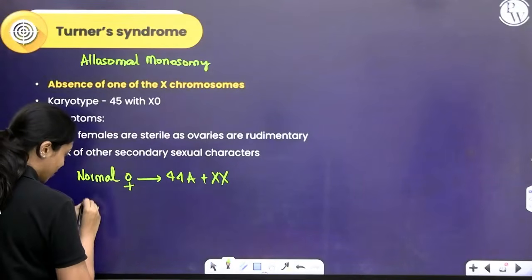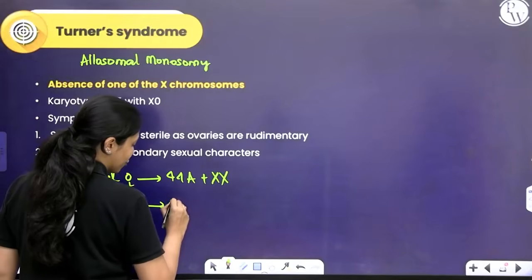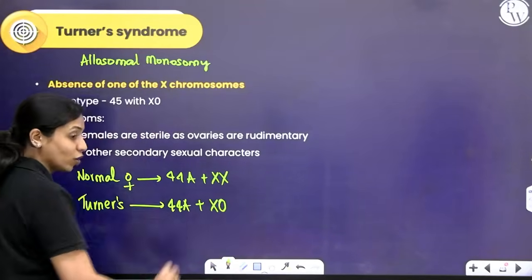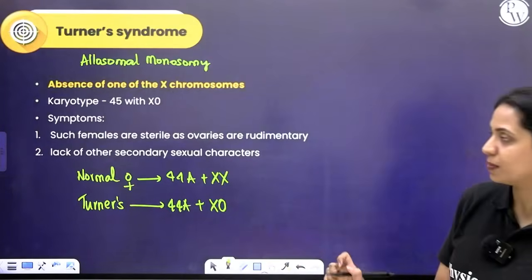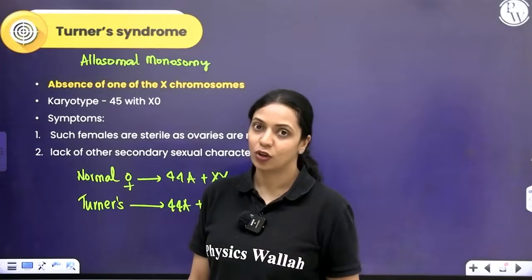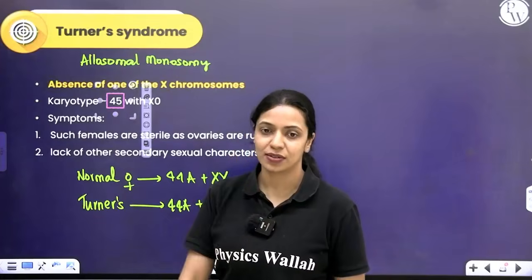But these people with Turner's have 44 autosomes, but only one X chromosome. XO does not mean there is an O chromosome. It just means there's only one X chromosome. So they will have one chromosome less than normal individuals. Totally there will only be 45 chromosomes, and they will have only one sex chromosome.